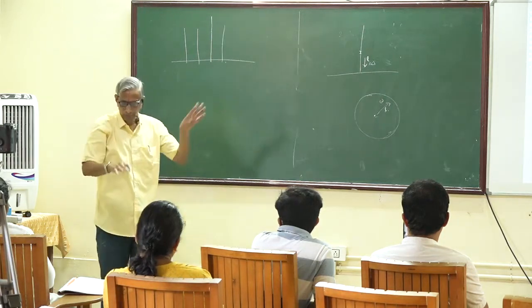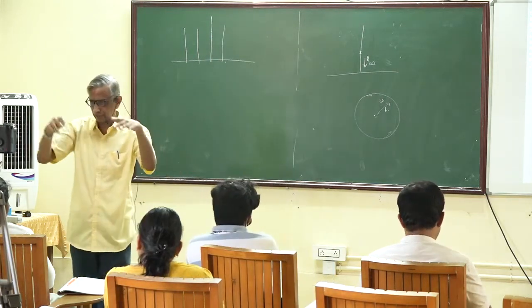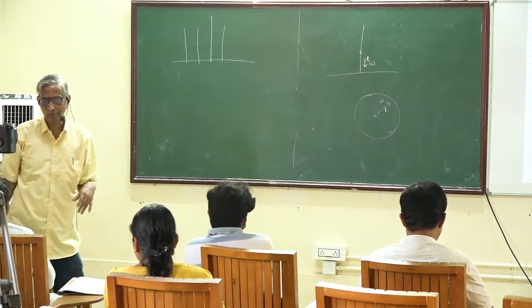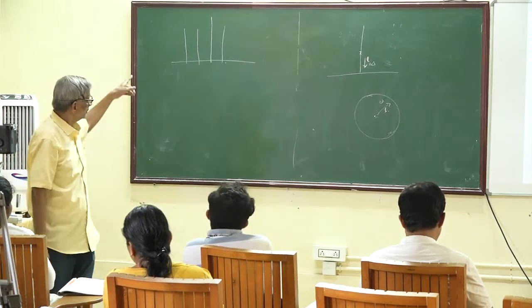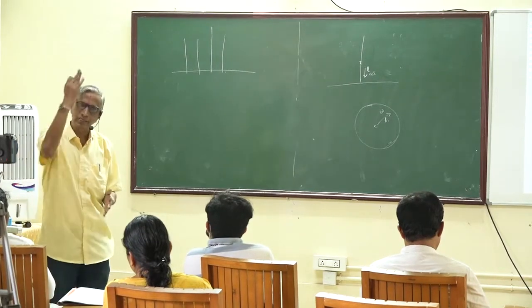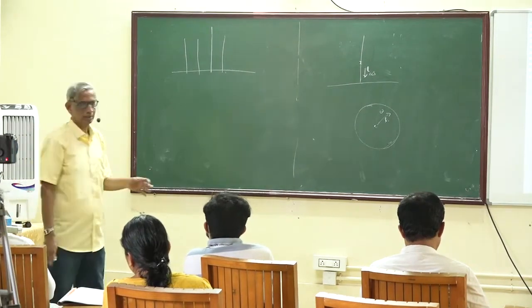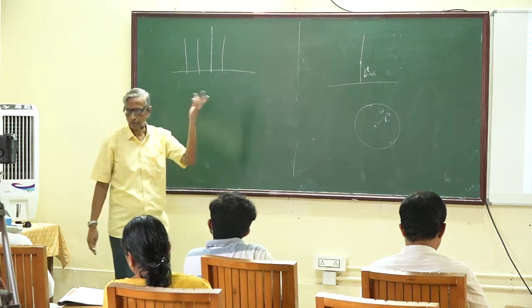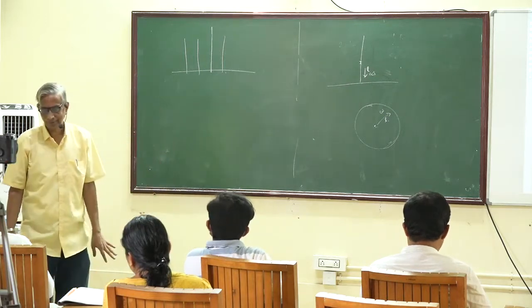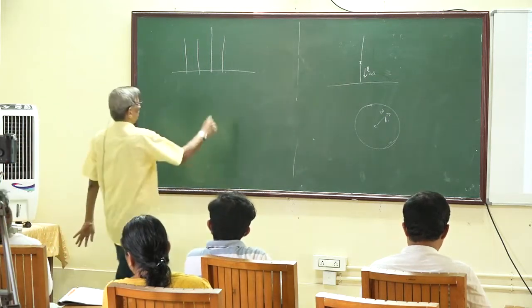Remember, your space is the open upper half plane. The real axis is not part of the space. So if you look at vertical lines, these are all geodesics. Okay?